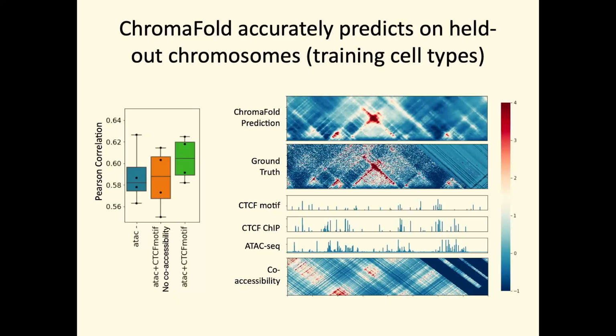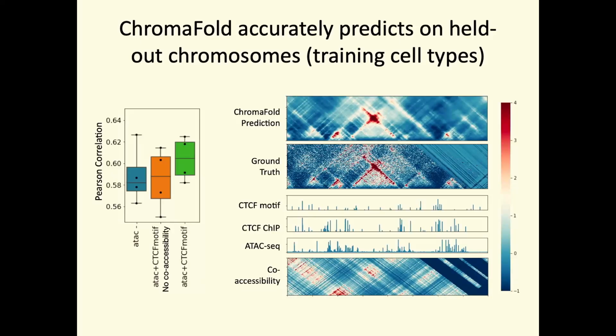Here's the prediction, okay? This is the motif track, the ATAC track, pseudobulk ATAC, and the co-accessibility, okay? And what you can see is it's actually pretty good, right? So this is a learnable signal. We can even predict through these mappability artifacts in Hi-C, and we can make predictions there, okay?